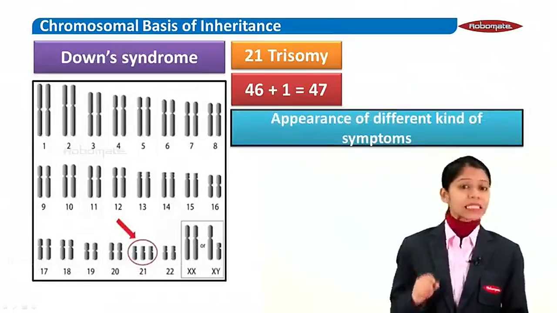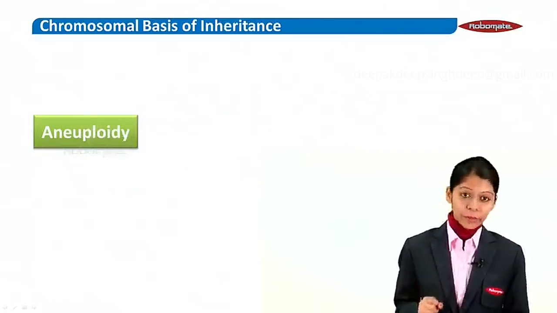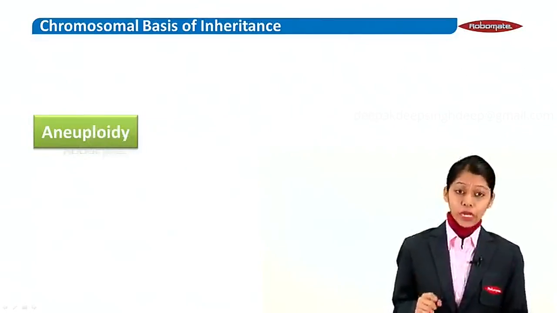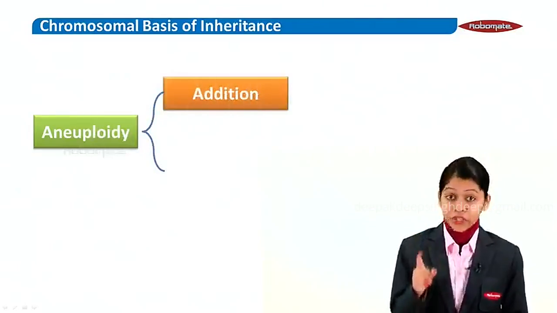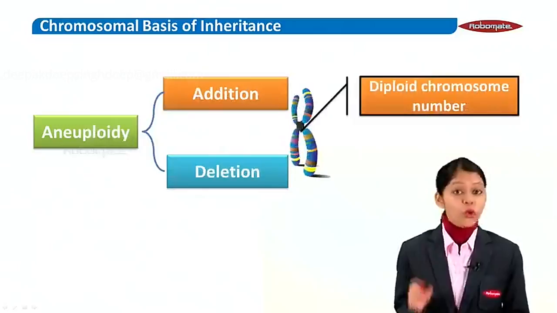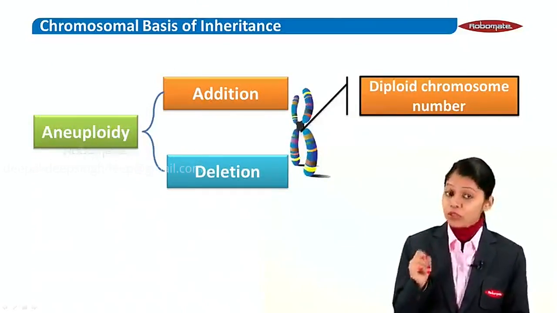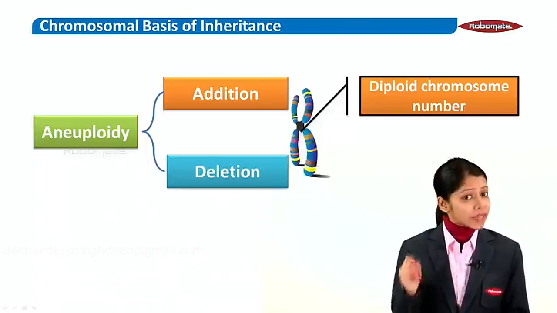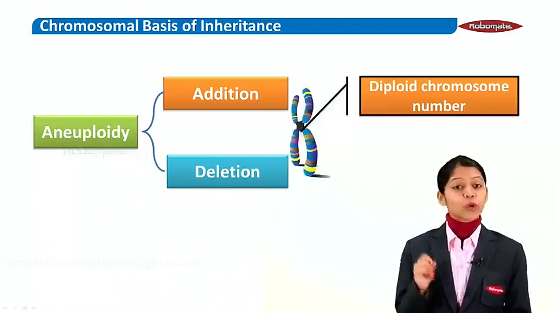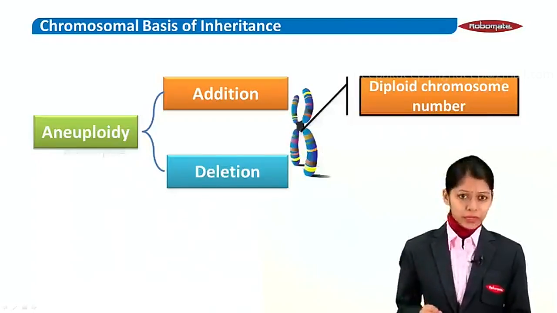Now, why does it take place? It takes place due to aneuploidy. In case of aneuploidy, there can be either addition or deletion. To what? To the diploid chromosome number. In case of Down syndrome, there is an addition to the diploid chromosome number. Now let's see how it takes place.